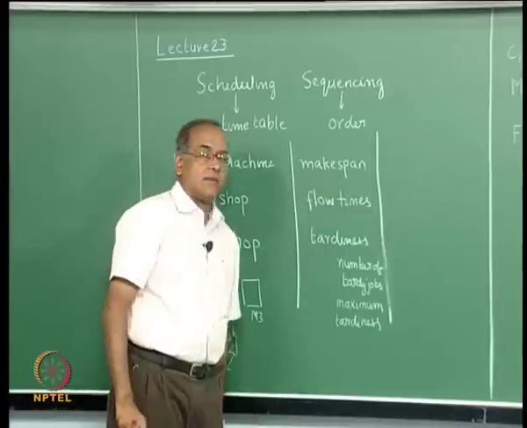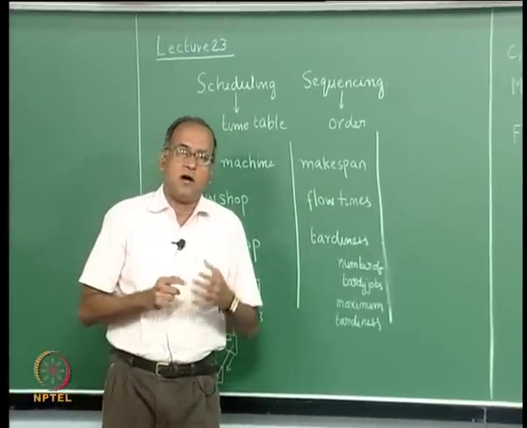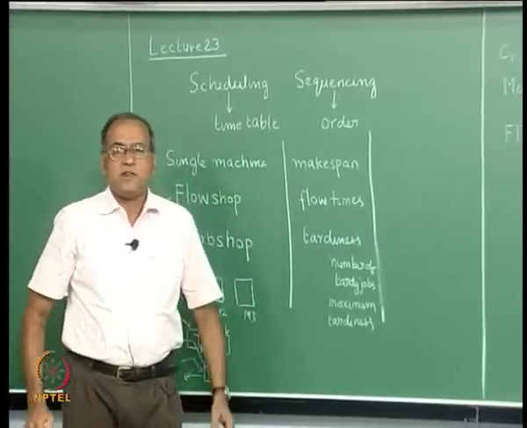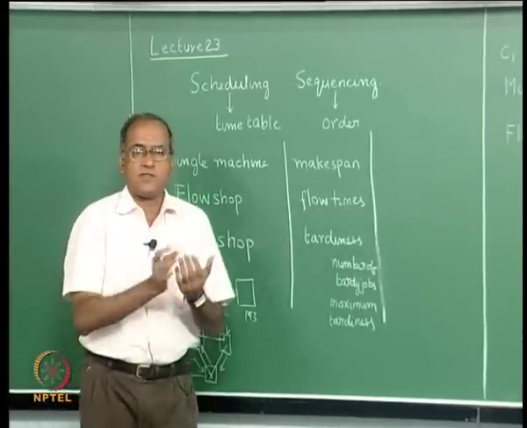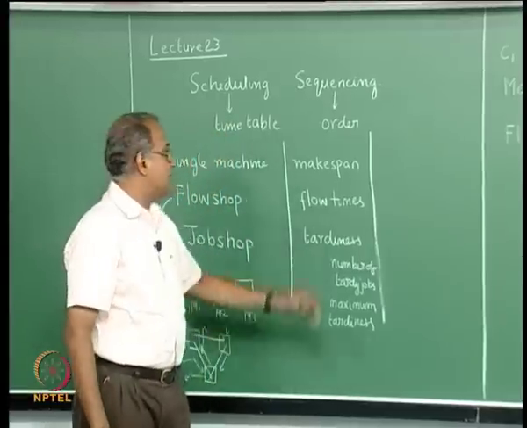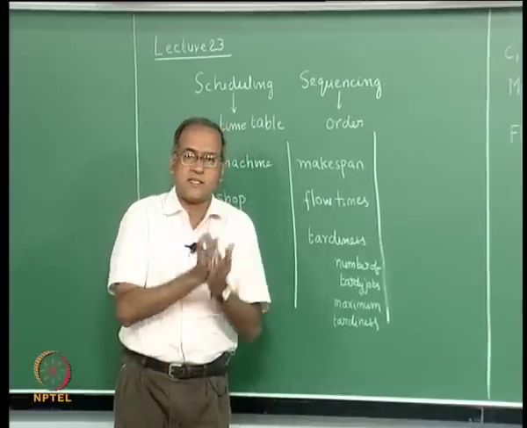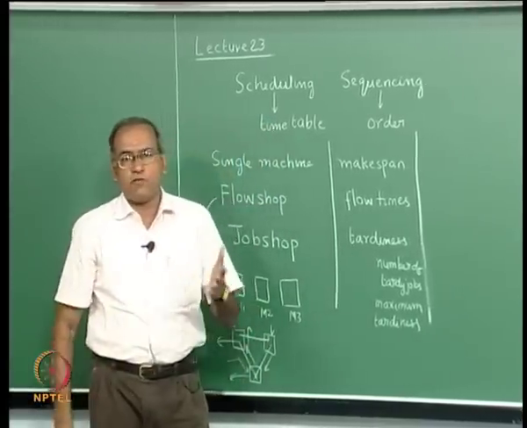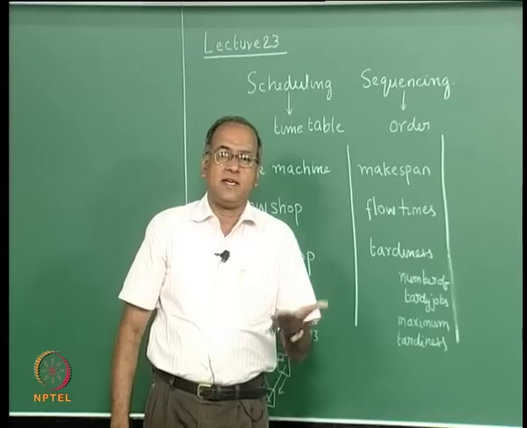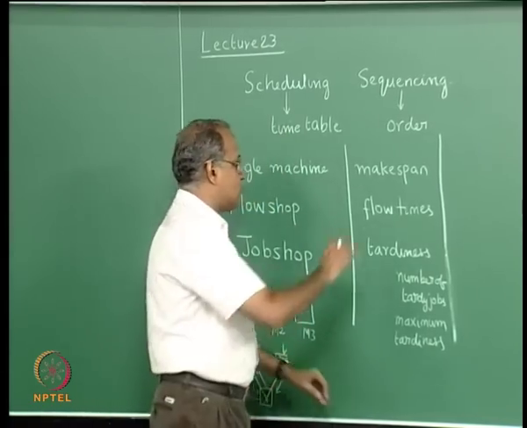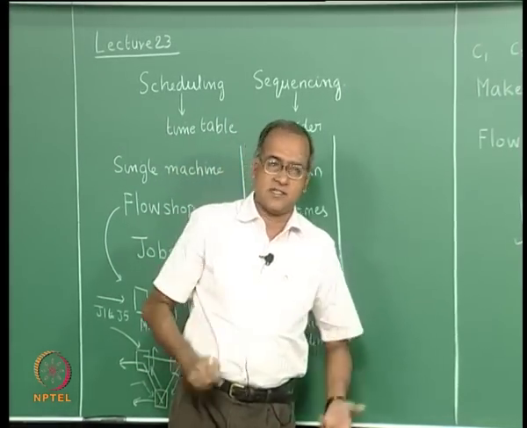So, minimizing Makespan would mean that I could minimize the time at which all the jobs are completed, so that all the jobs can be dispatched and the next set of jobs can be taken up. Flow time is an extent of the amount of inventory that is held in the system, and by minimizing flow times we minimize the work in progress inventory inside the plant. So, these two represent internal objectives to the organization.